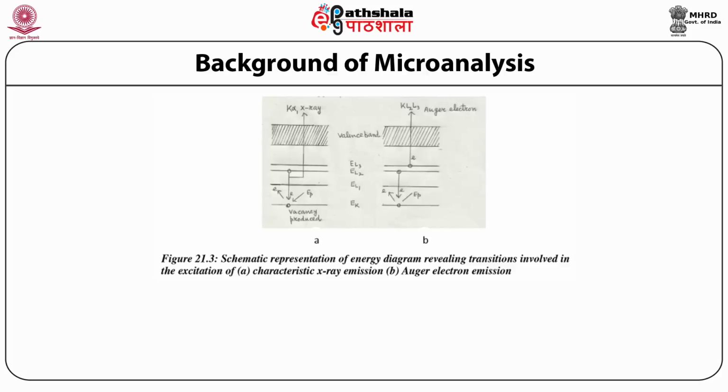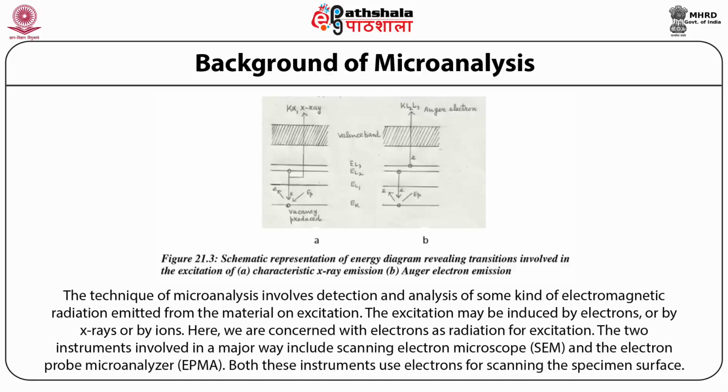Auger electron emission. The technique of microanalysis involves detection and analysis of some kind of electromagnetic radiation emitted from the material on excitation. The excitation may be induced by electrons or by X-rays or by ions. Here we are concerned with electrons as radiation for excitation.